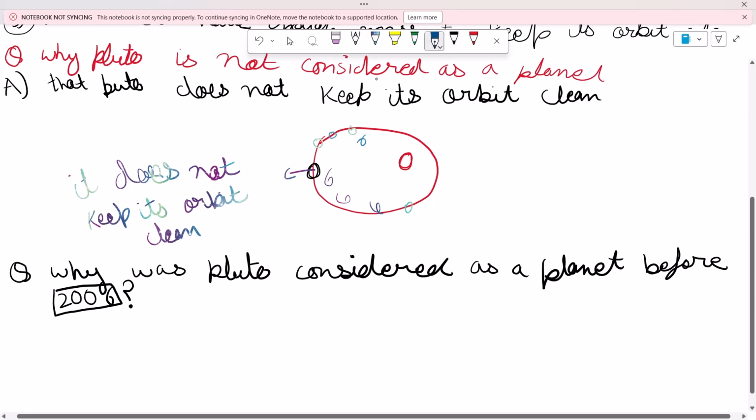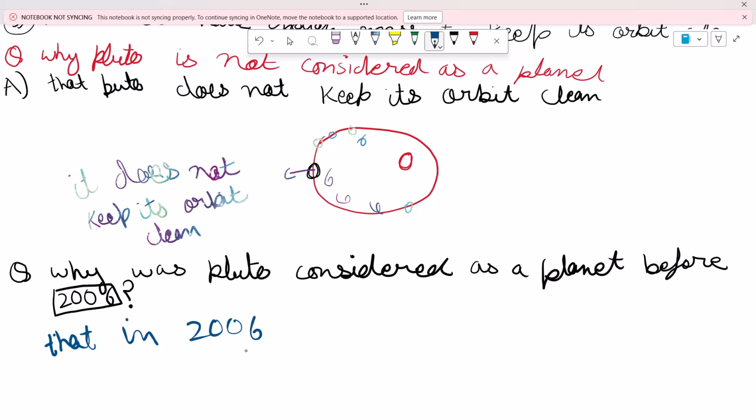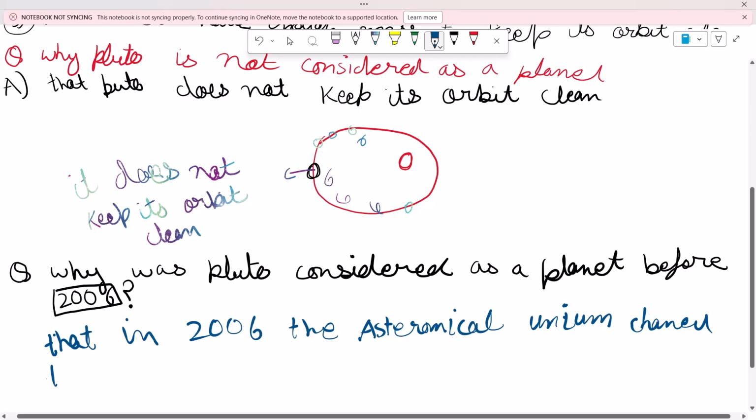Its answer is that in 2006, the Astronomical Union changed the classification.